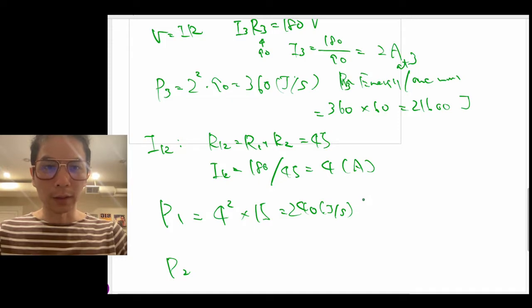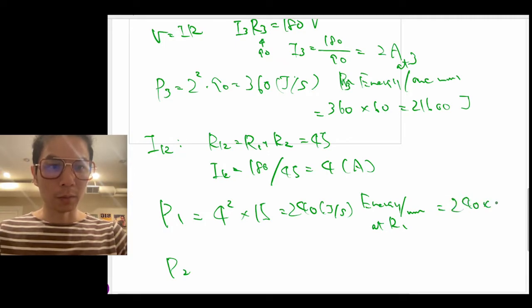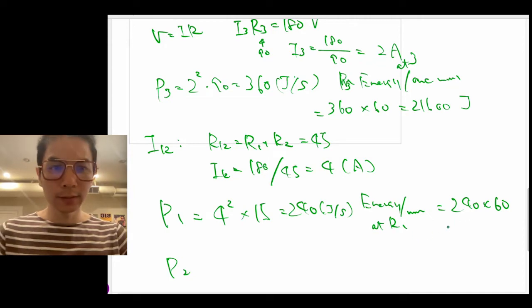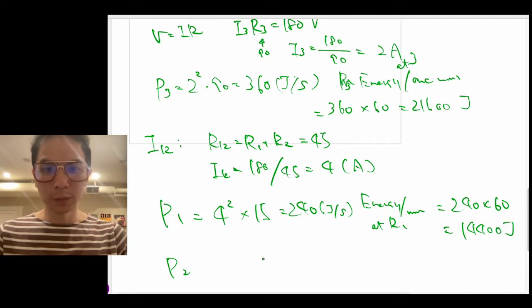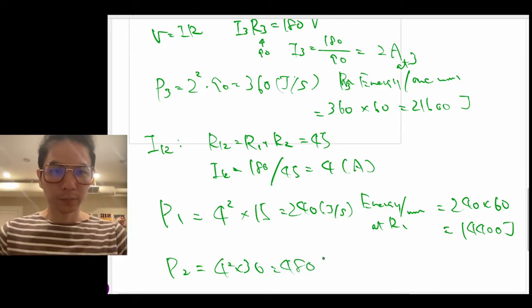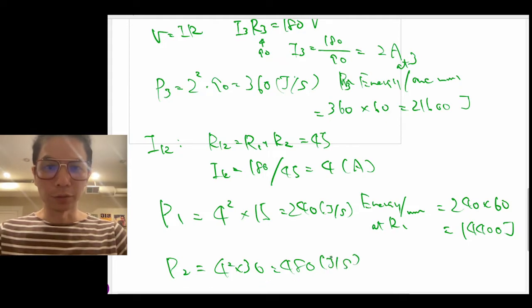If you want to calculate the energy per minute at R1, it equals 240 multiplied by 60, since 1 minute is 60 seconds, which is going to be 14400 joule. Similarly for P2, this is going to be 4 squared multiplied by 30, which equals 480 joule per second. This is Joule's law.